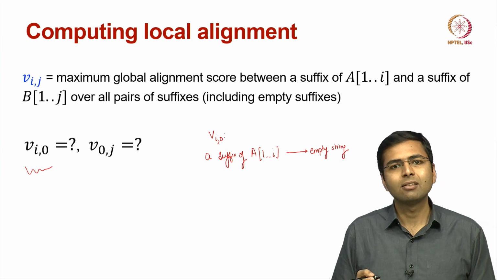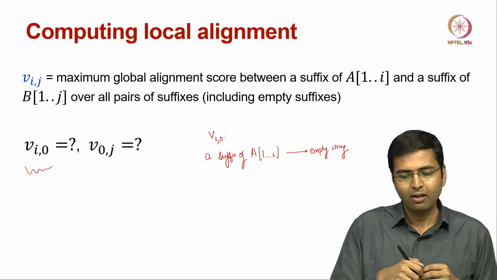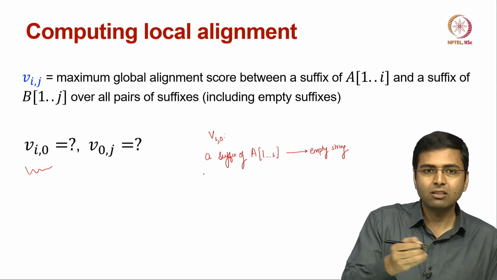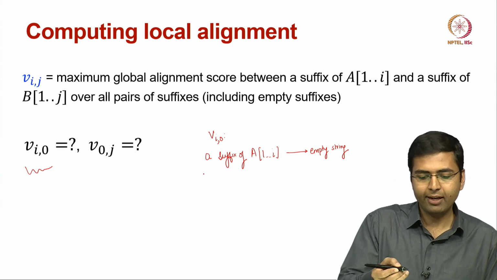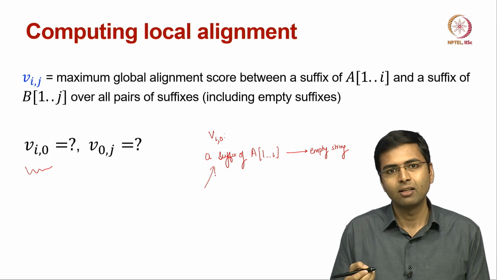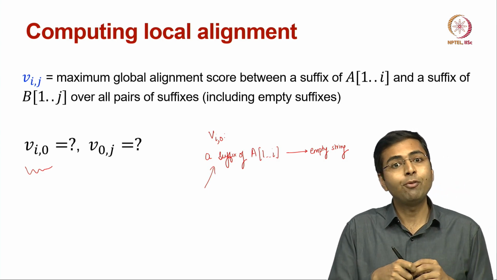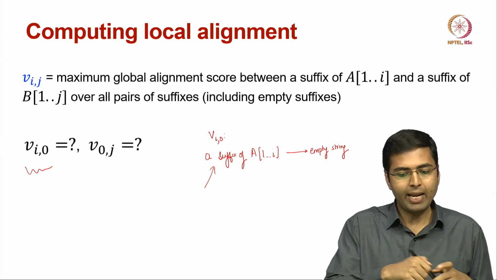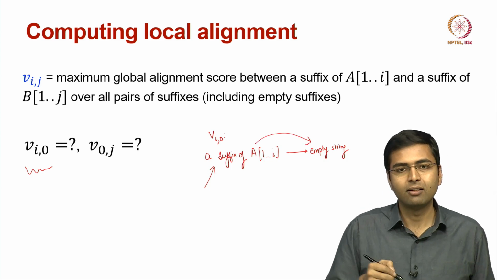The best choice I can make here is to pick an empty suffix of a_1 to i, because then I do not have to delete any characters to align to the empty string.